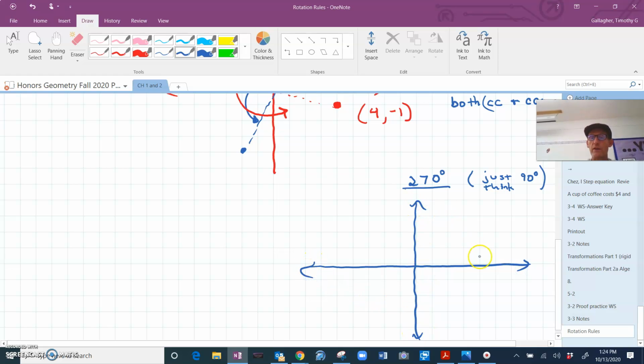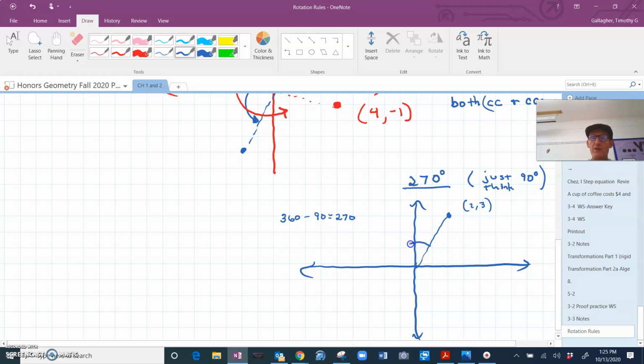So we'll take a point, (2, 3), and we're going to go 270 degrees. So we have a line of rotation, and 360 minus 90 is equal to 270.